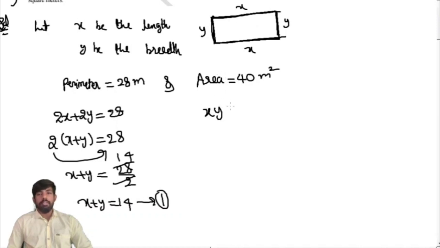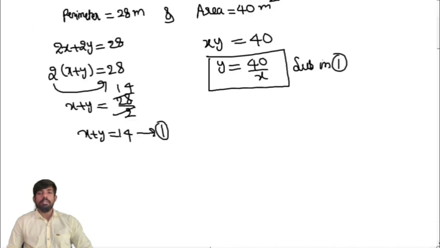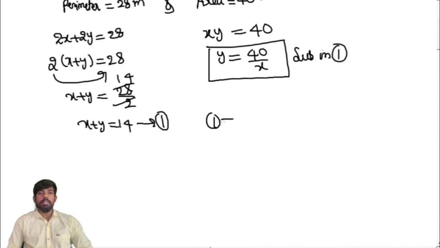Okay, next, the area of the rectangle. The formula is length into breadth, which is equal to 40. So x into y is equal to 40. From here, y is equal to, sending x to the right hand side, 40 by x. Substitute in equation 1. Equation 1 is this, so x plus, writing 40 by x in the place of y, is equal to 14.